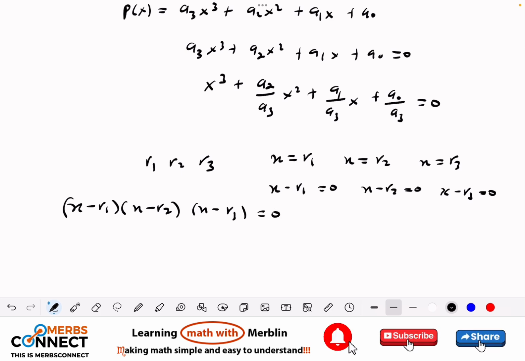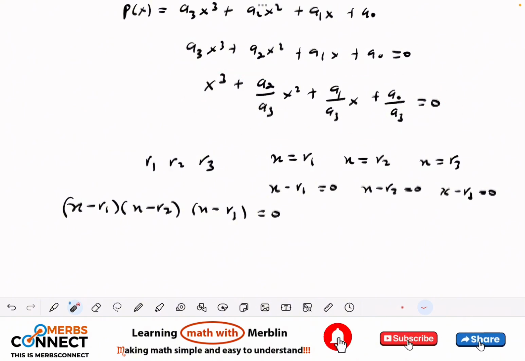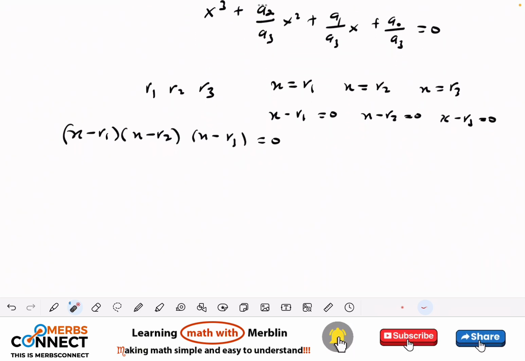So what am I going to do here? I'm going to expand this to make sure that this expansion is of this form. Then I'll compare the functions. So stay here and you see how we are going to form this very nicely. First, I'll expand these two here.